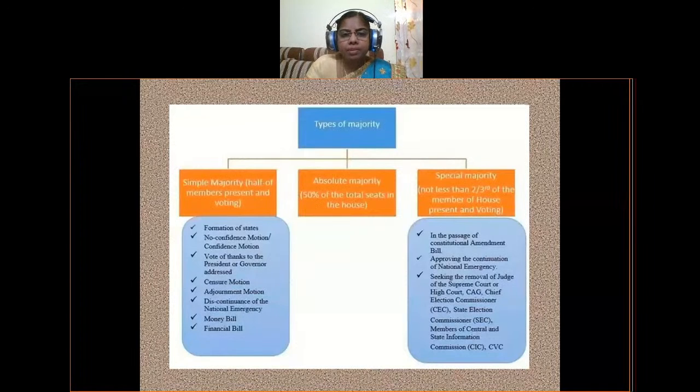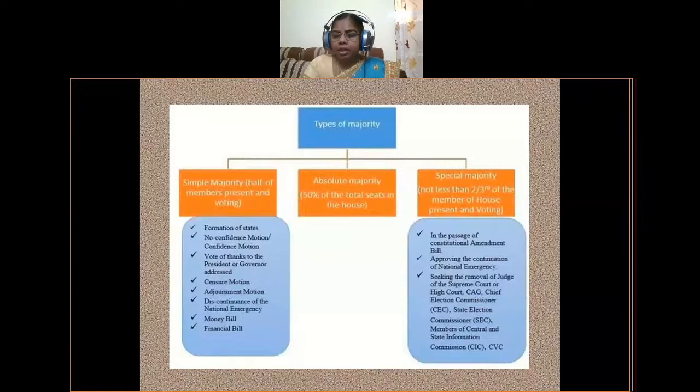Next one is absolute majority. That means 50% of total seats in the house, so it can be called absolute majority. And next, special majority. Special majority means not less than 2/3 of the members of the houses of Parliament present and voting.